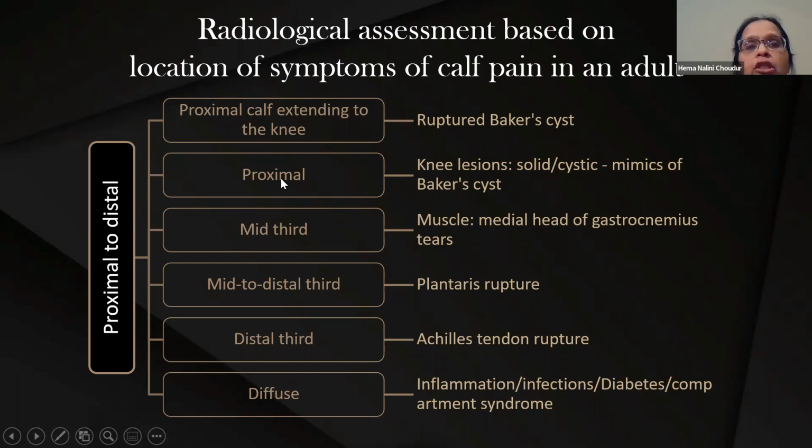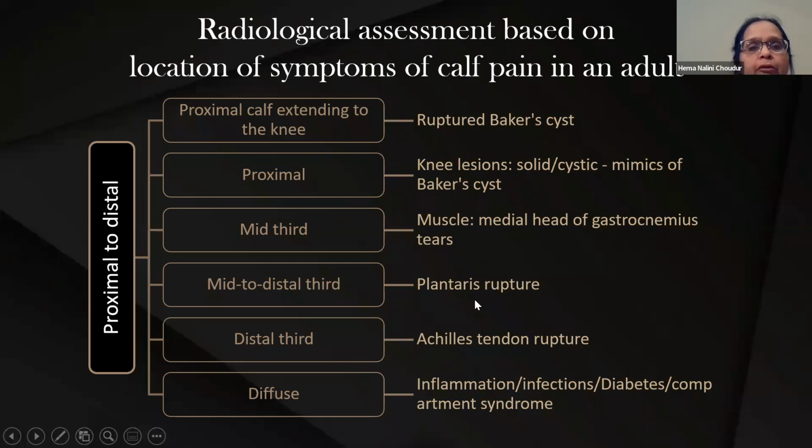We've looked at proximal calf pain, and we've looked at solid and cystic lesions, mimics of Baker cyst in the proximal calf. In the mid calf, we've looked at simple ones like medial tear of the gastrocnemius, at plantaris ruptures and how to diagnose them. And we've seen how mid to distal pain can be seen with all of diffuse pain of fasciitis and the picture there.